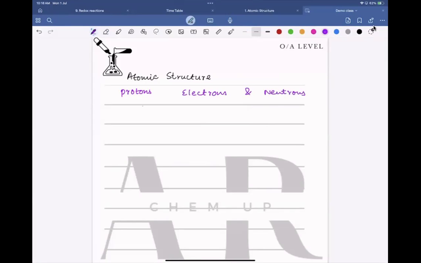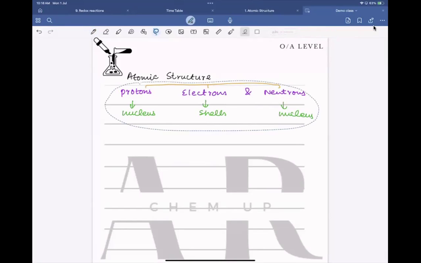So protons and electrons, it is present in nucleus. It is also present in nucleus, and this is present in shells. And all of the three are called subatomic particles.